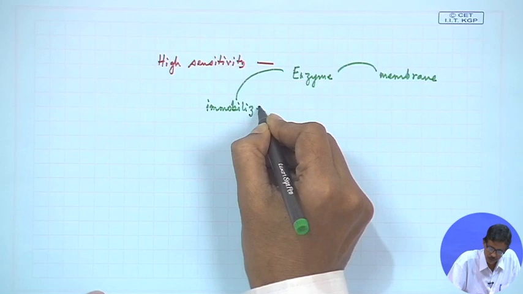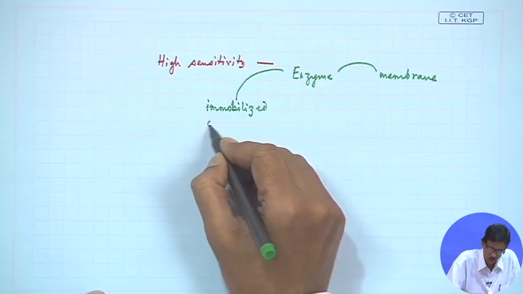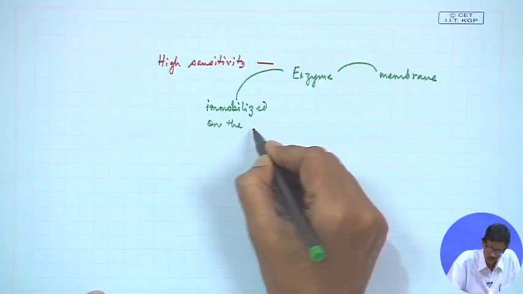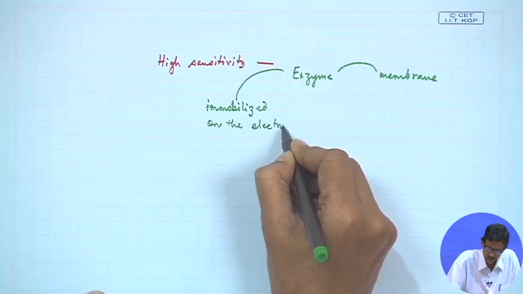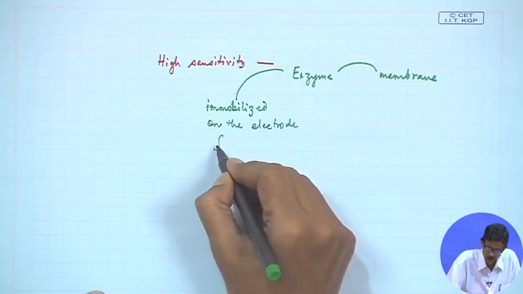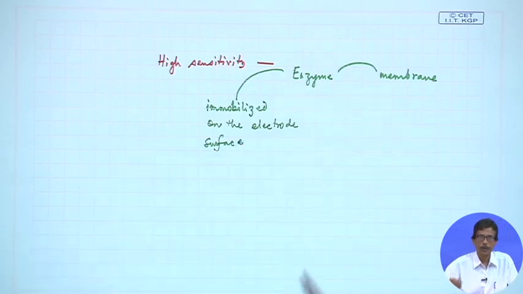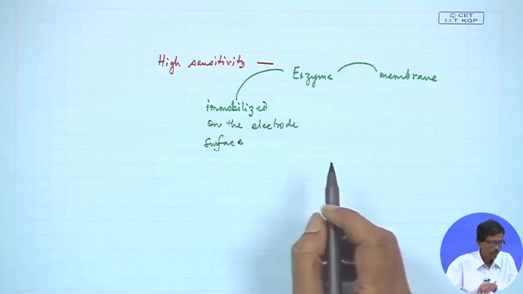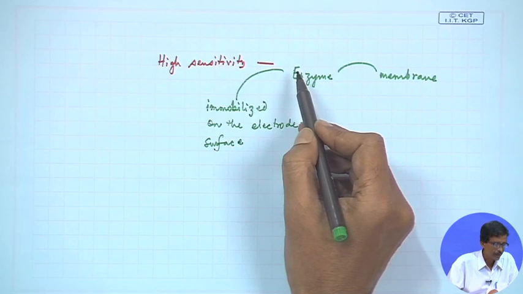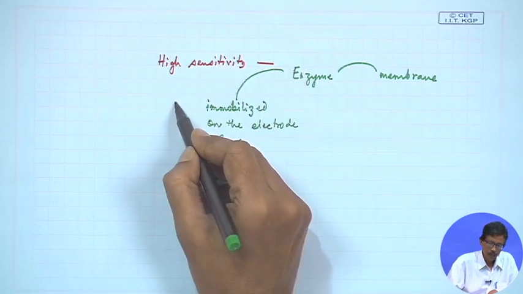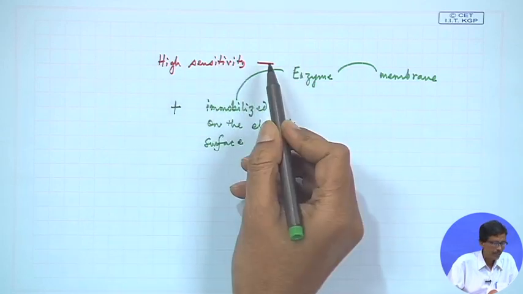So, we get this biological sensing agent. So, you have the corresponding thing of how we can measure this sensitivity.